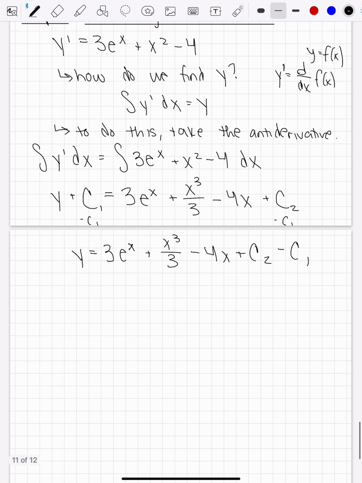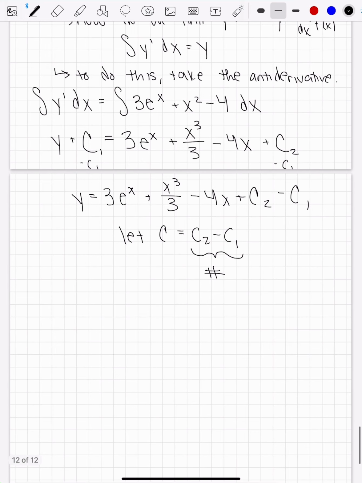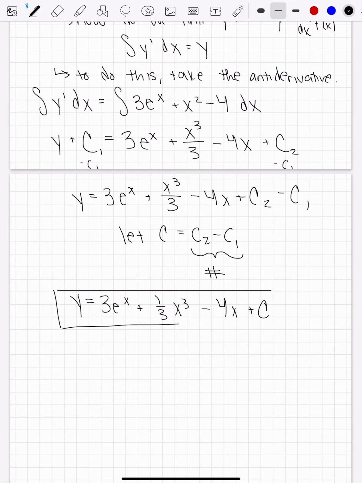Then we just let c be c2 minus c1, because there's no point of having this whole formula here when this is just some other constant. A constant minus a constant gives you another constant. So y, the general solution, is just 3e to the x plus 1/3 x cubed minus 4x plus c. So this is the general solution.